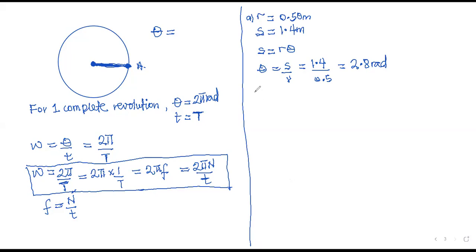This question sought to test your ability to convert angle in radian to degree. We know 2 pi radian, which in decimal is equal to 6.286 radian, is to 360.